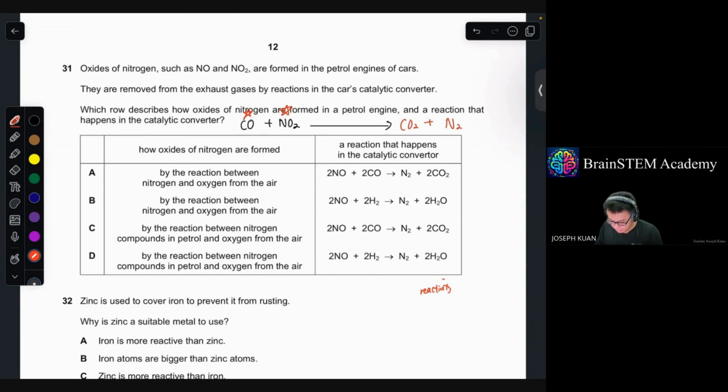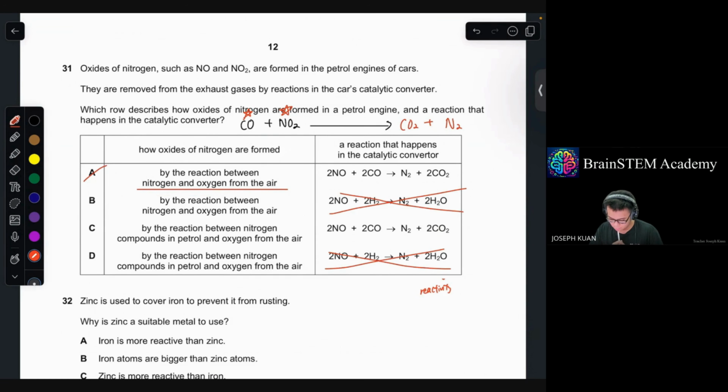So the second one is wrong. The fourth one is wrong as well. So it's either 1 or 3. Now, how the oxides of nitrogen are formed is actually due to the reaction between nitrogen and oxygen from the air. All right, so the answer is A.